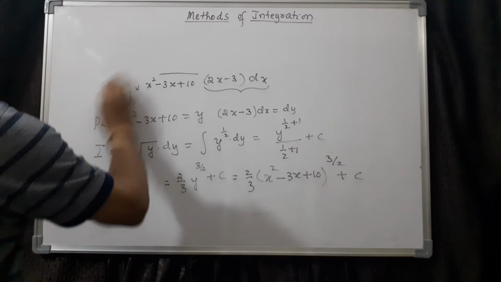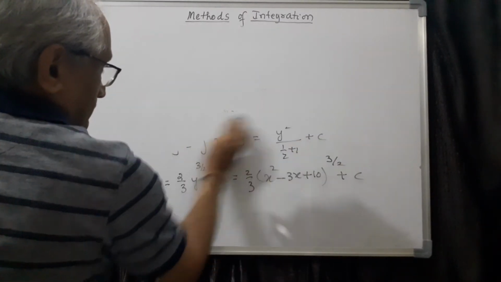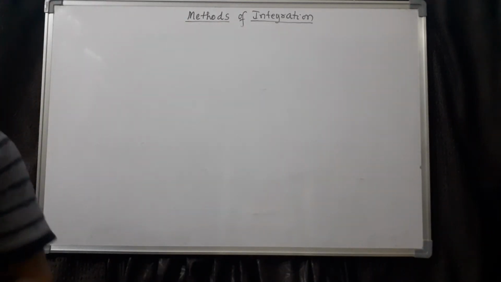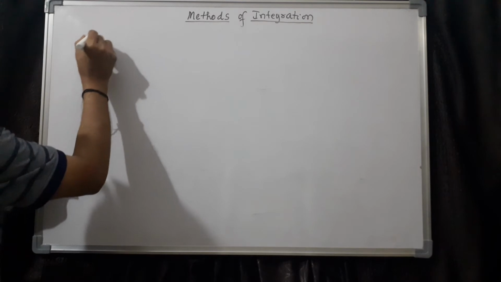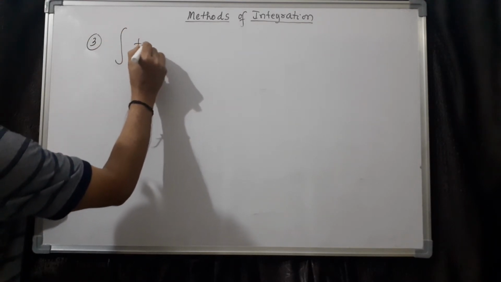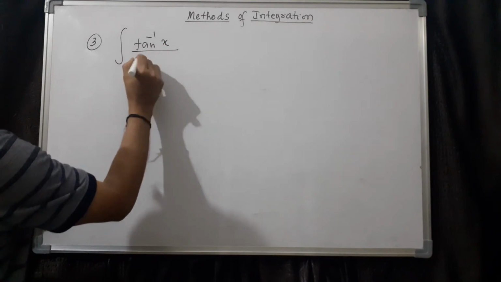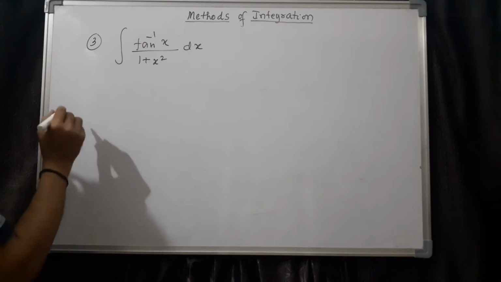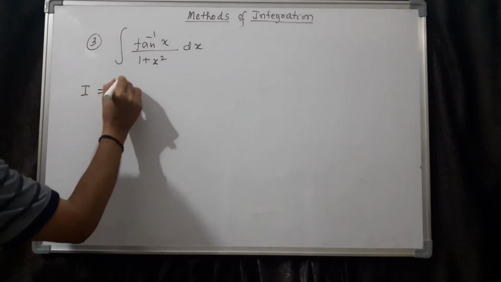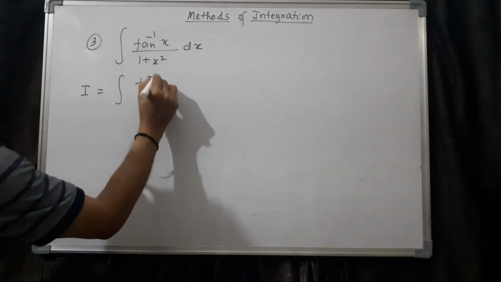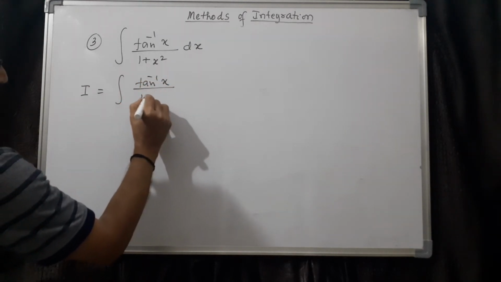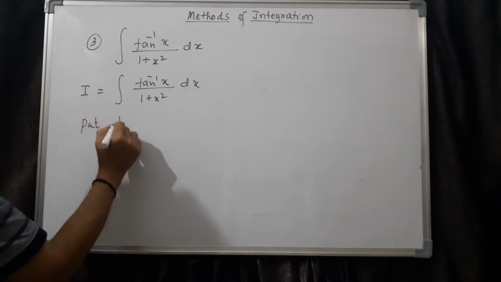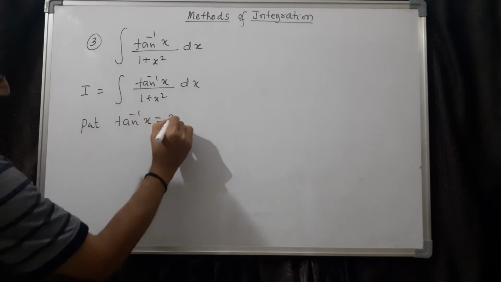Let us take the third example. Third one is integration of tan inverse x by 1 plus x square dx. So I equal to integration of tan inverse x by 1 plus x square dx. Here put tan inverse x equal to y.